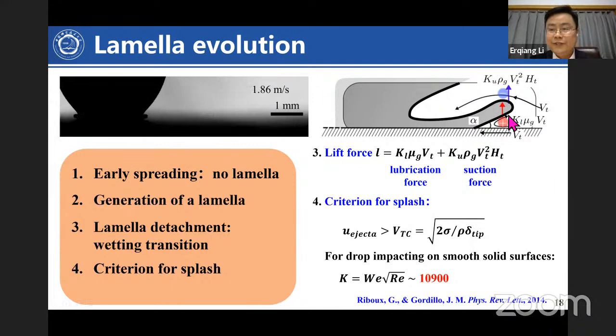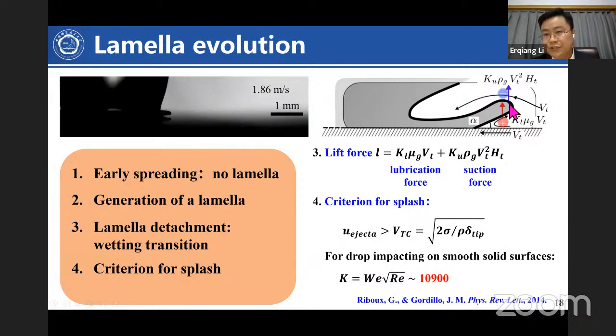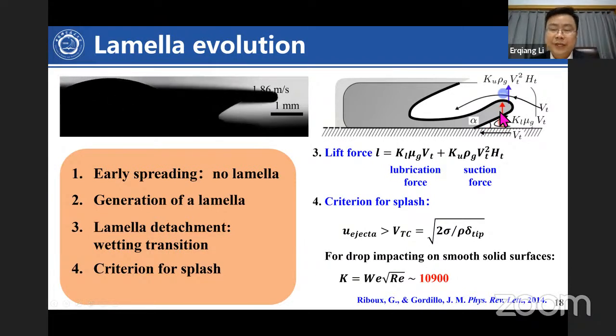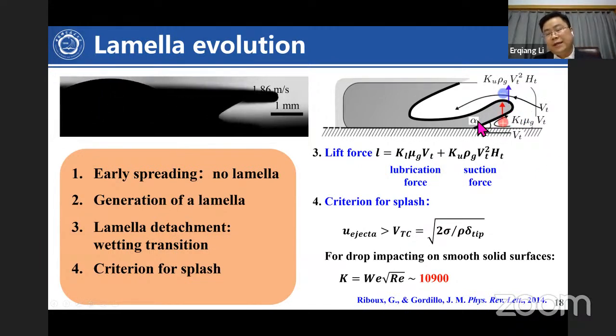Now, if the lamina lifts up, of course, it is not related to cavity formation, but we also always wonder whether you have splash, right? You have a lamina, and we always ask whether secondary droplets are produced from this lamina or liquid sheet. The criterion for splash is that the velocity of the ejecta, I mean the tip, should be larger than the Taylor-Culick velocity. That means the capillary force can no longer hold the liquid back.